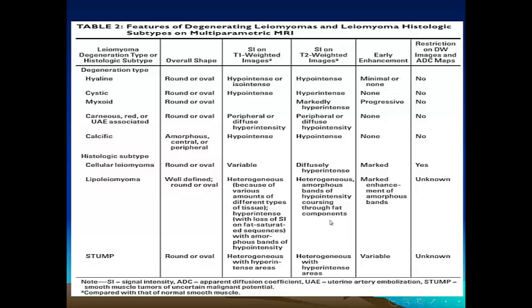Again, what is the protocol of MRI? I must do T1 and T2, diffusion and enhancement. Especially if I thought of these histological types, the cellular leiomyoma, or when the clinician told me that I suspect it may be leiomyosarcoma, I must give contrast.